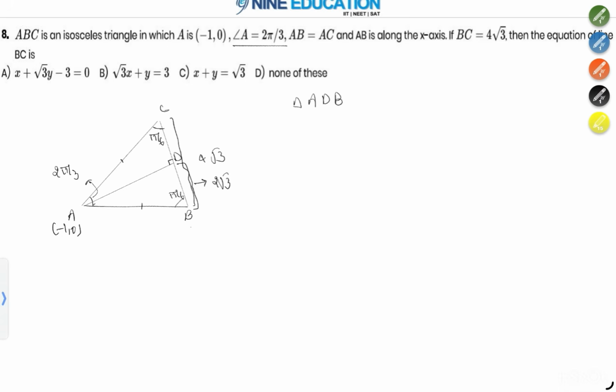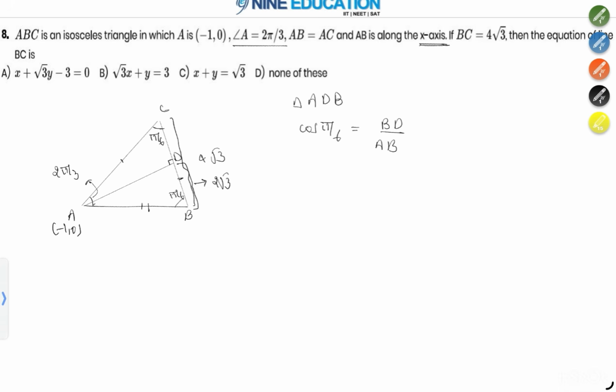We can get the point B from there, and the angle we have already, as AB lies along the x-axis. So the angle also we can find. So let us try to simplify. We are finding cos pi by 6. So cos pi by 6 is going to be equal to BD by AB, because this is the base in this triangle, and this is our hypotenuse.